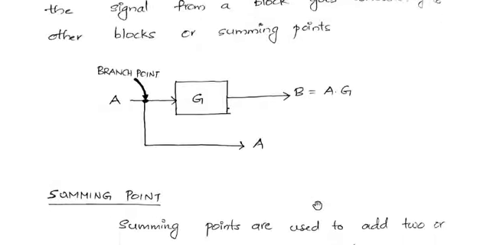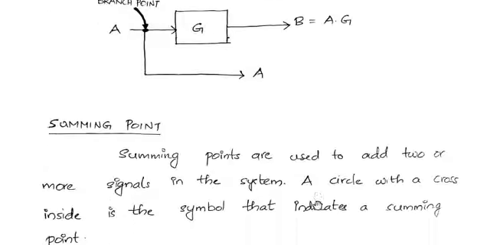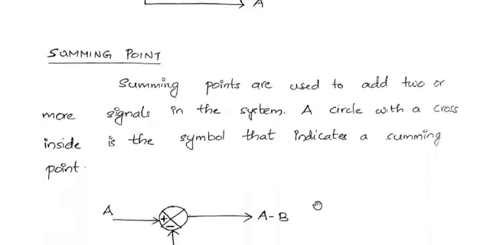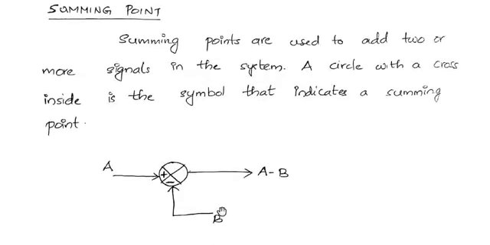Then we can also see a summing point. Summing points are basically used to add two or more signals. The symbol that we use is a circle with a cross, and inside that we mark the sign also. So plus here means this A is positive, and at the bottom part signal B is applied where it's denoted as minus.